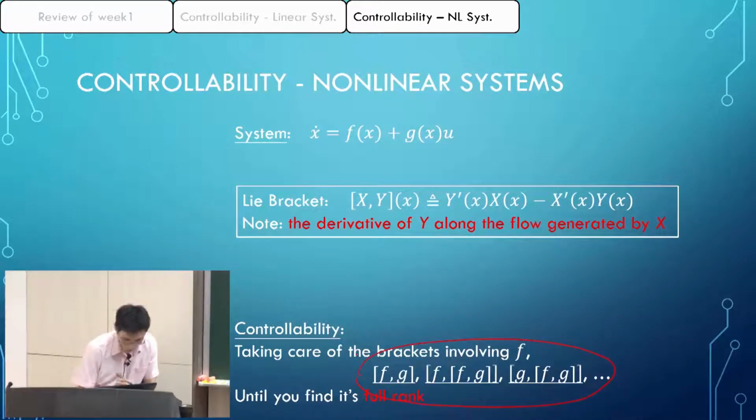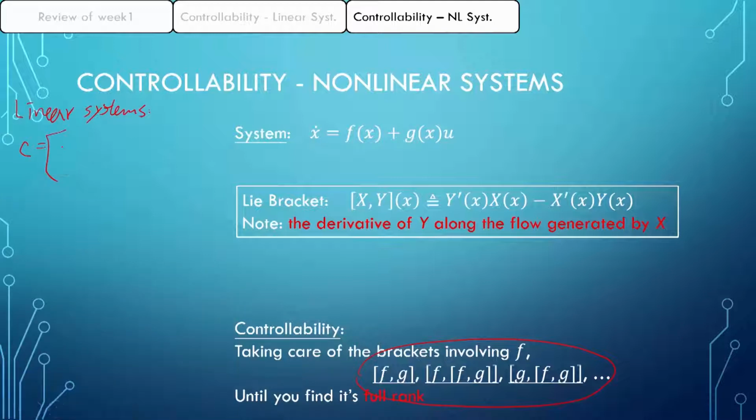Remember that for linear system, we evaluate a C matrix. In the C matrix, we evaluate a B column vector, AB, A squared B, etc. And we say if C is a full rank matrix, it's controllable for linear system.